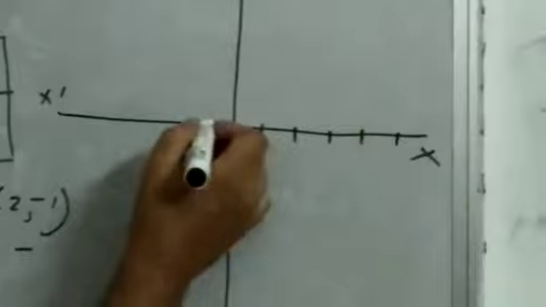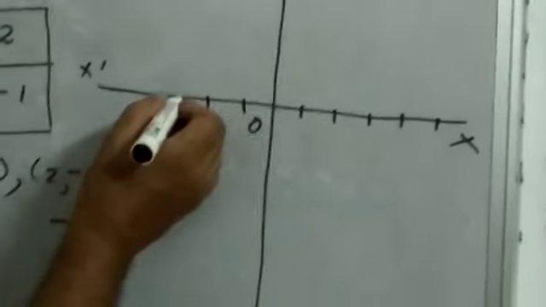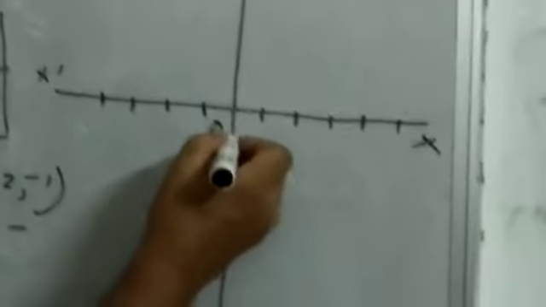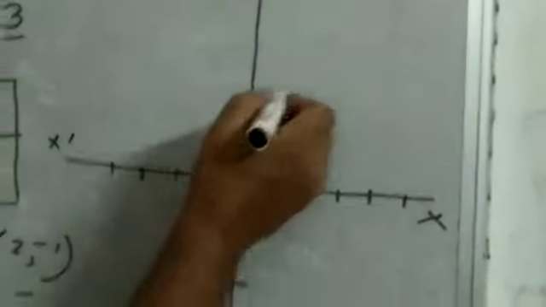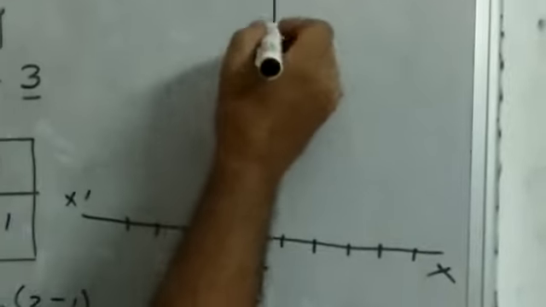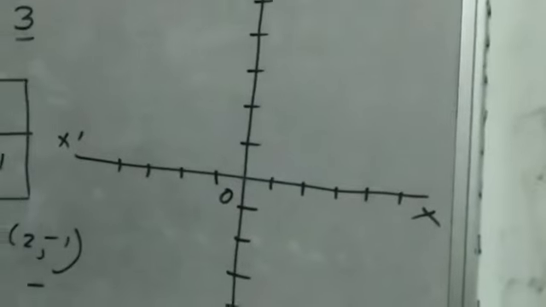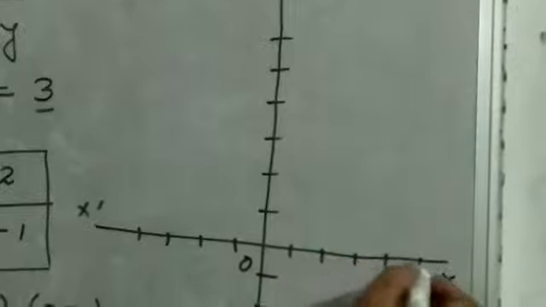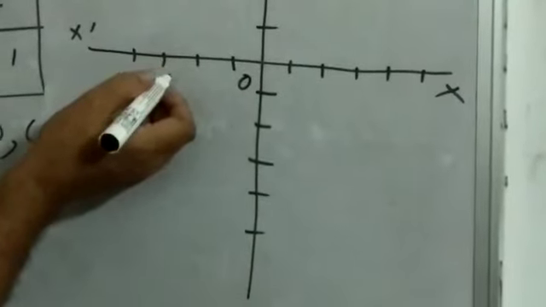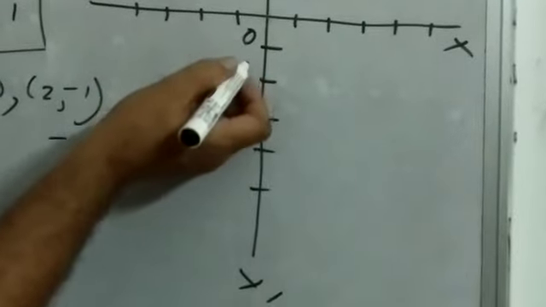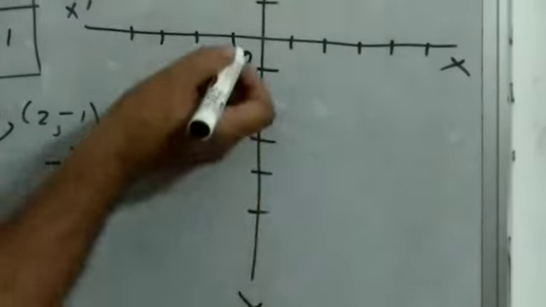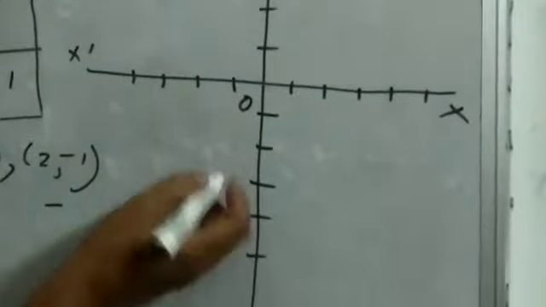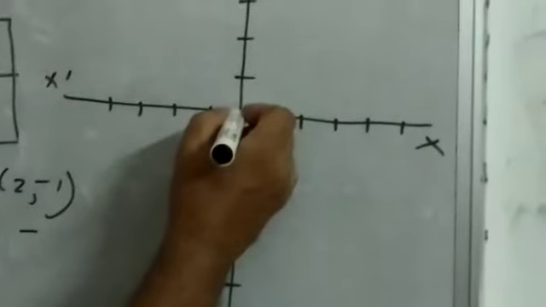All the units should be equally divided, on all sides. So on this side you know it is plus 1, 2, 3. Here plus 1, 2, 3. On this side of the axis it is minus 1, minus 2, minus 3. Here minus 1, minus 2, minus 3, minus 4 you can write. Just remember this, and this is the origin.